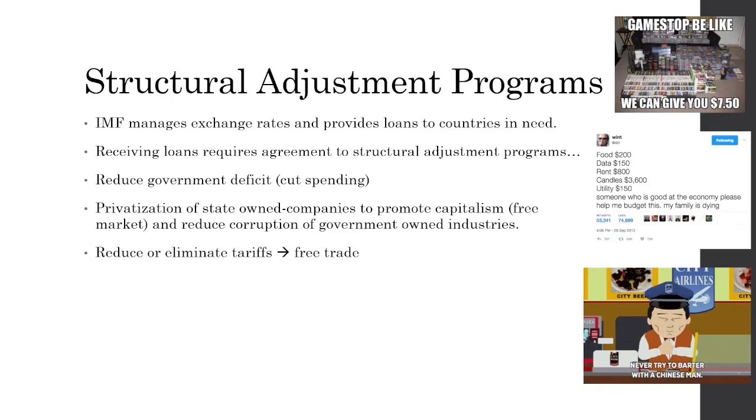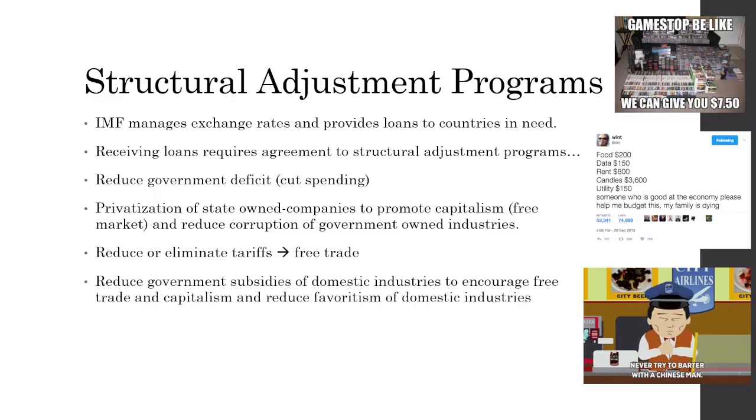These programs also call for the elimination or at least reduction of tariffs, which leads to more free trade. There are fewer taxes and barriers for countries to trade with one another. They also involve reducing government subsidies of domestic industries, and this encourages free trade capitalism as they're not giving it an extra leg up. They're not being put on a pedestal. It's survival of the fittest in the economy, supply and demand working out.